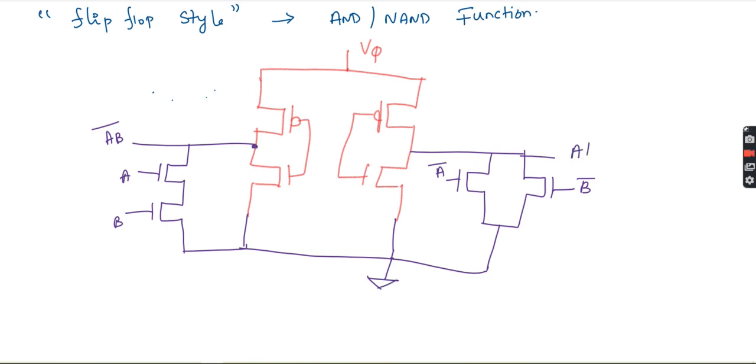This will be your AB. Then the one more connection pending is this input, right? So this input will be the output of that, then this input will be the output of this.